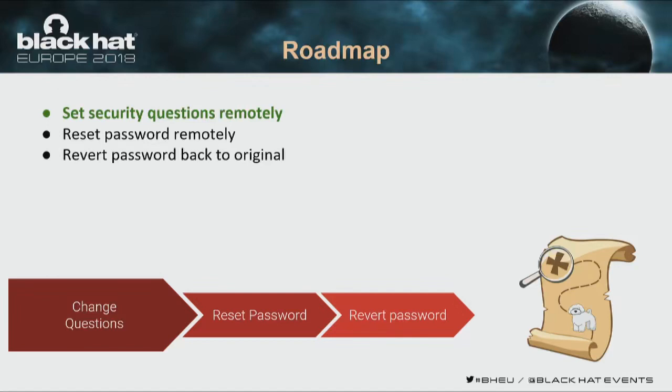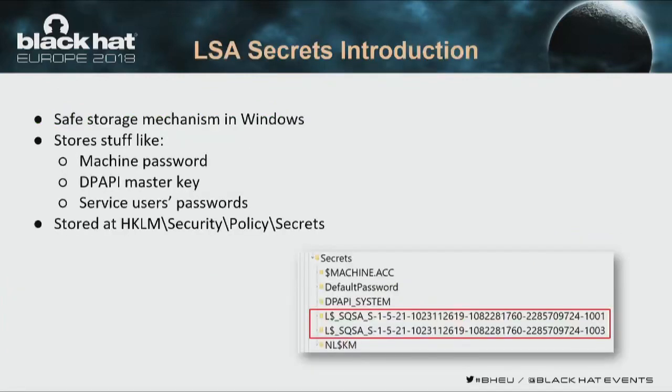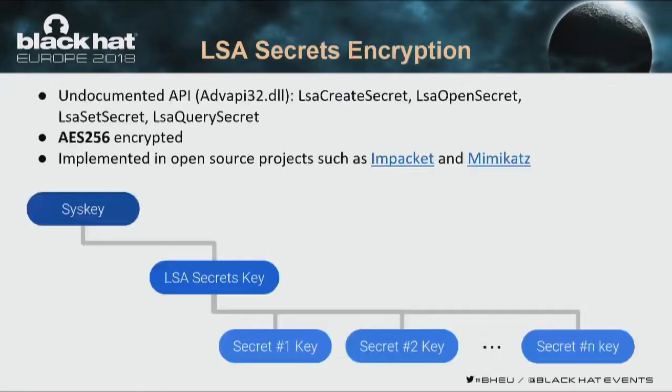As Tom mentioned earlier, security questions are implemented in the LSA secrets mechanism. LSA secrets is a safe storage mechanism in Windows. It is based on the registry, and it stores all kinds of things like machine password and DPAPI keys and all sorts of stuff. Each secret is a registry key in which you have protected binary data.